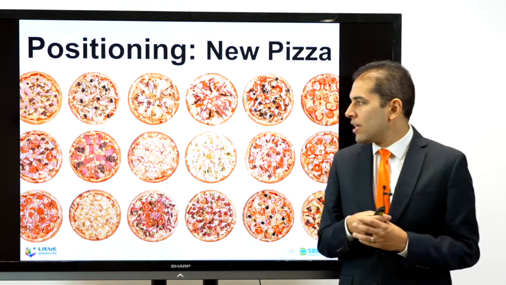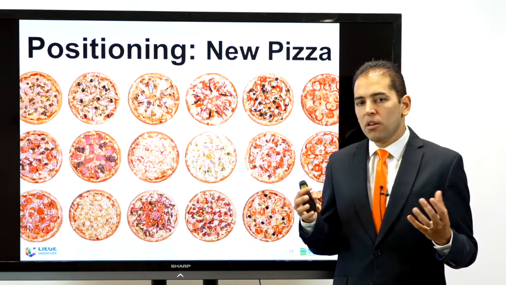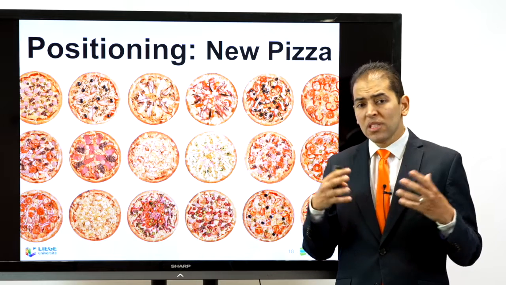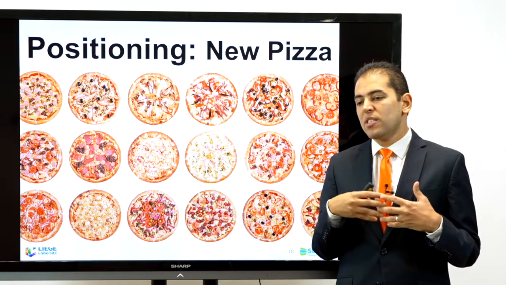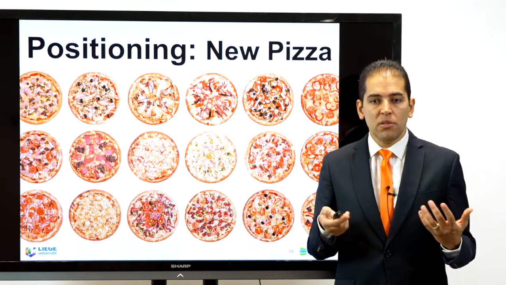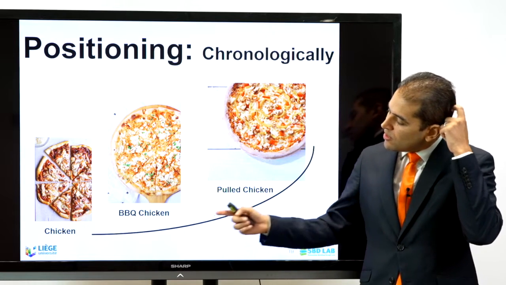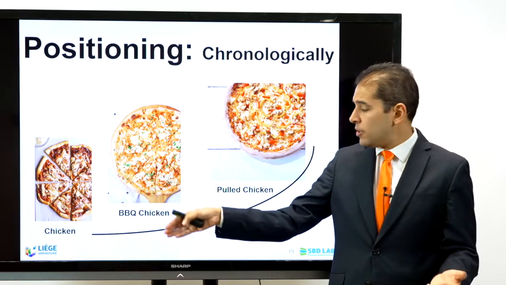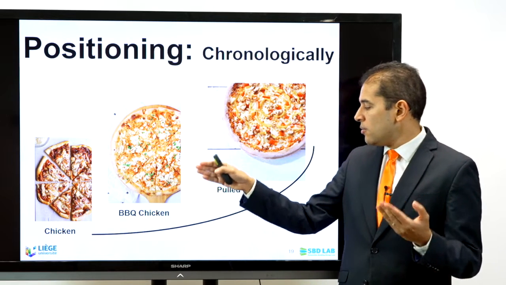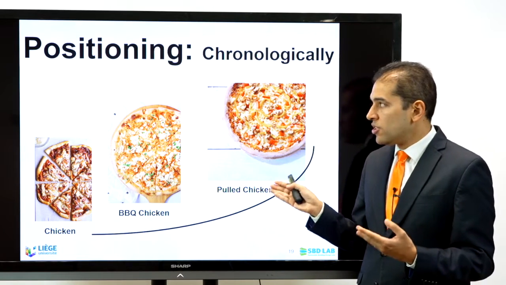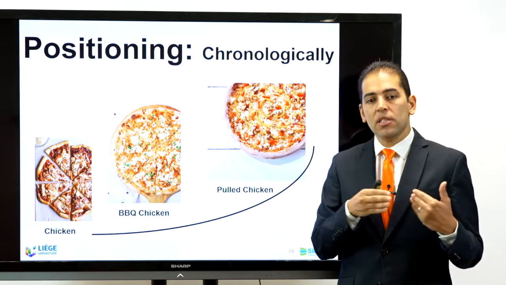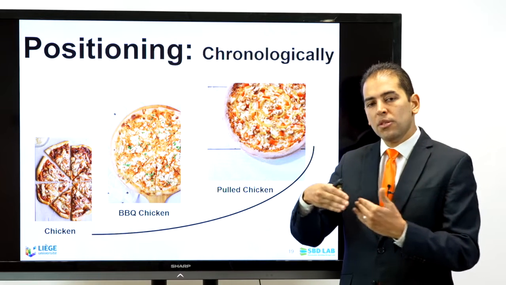For example, when we look at positioning in the domain of the pizza industry, there's already a lot of existing pizza. Now, if you want to come up with a specific new pizza and to define the innovation, you need to ask yourself, what is the evolution of the different pizza types? Historically, we started with margherita pizza, then we had the chicken pizza, the barbecue chicken, the pulled chicken. What's happening here is that, chronologically, regarding the evolution of pizza, there's every time a new evolution.